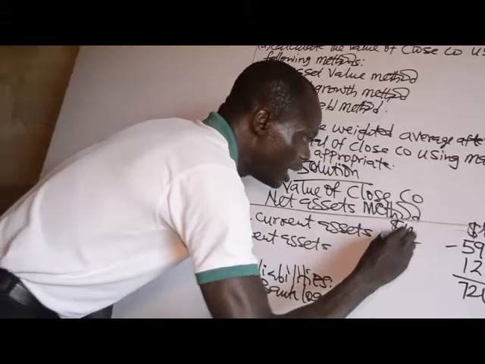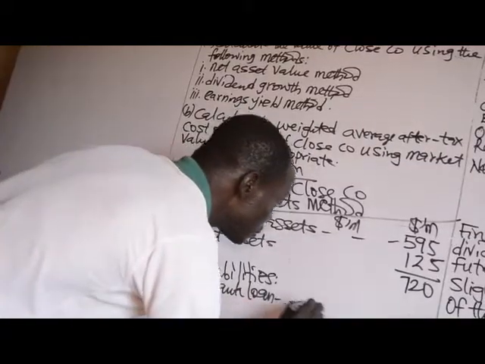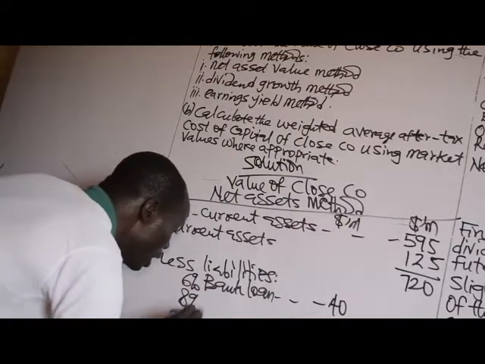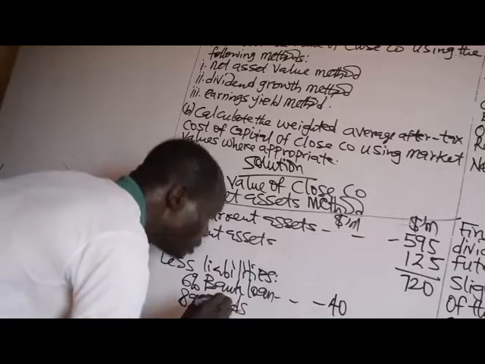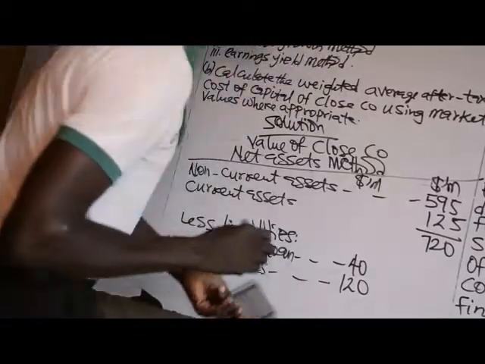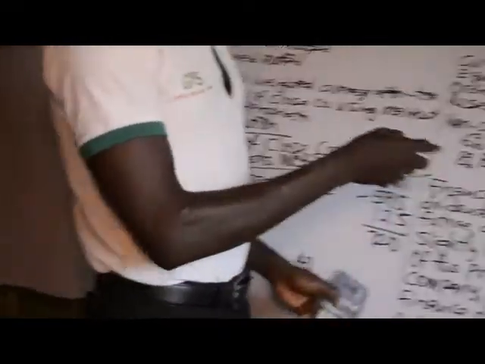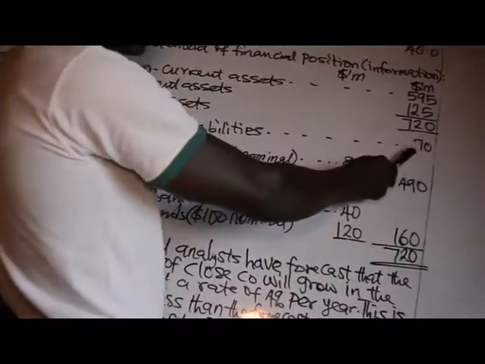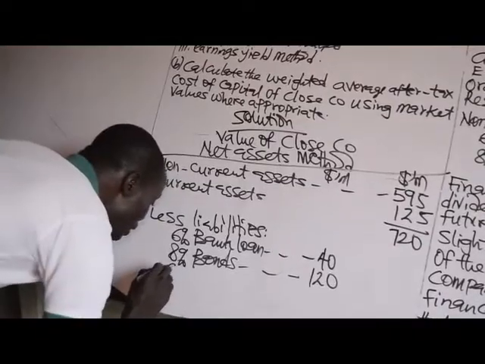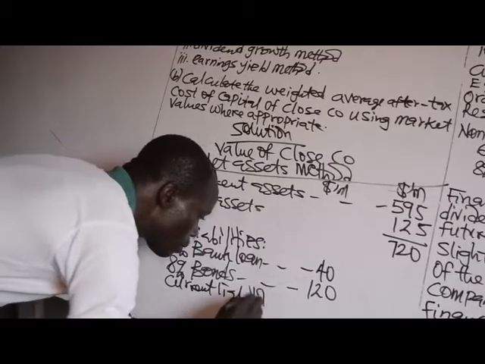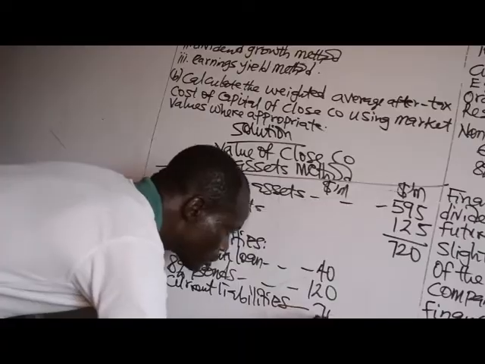Then we also have current liabilities of 70.